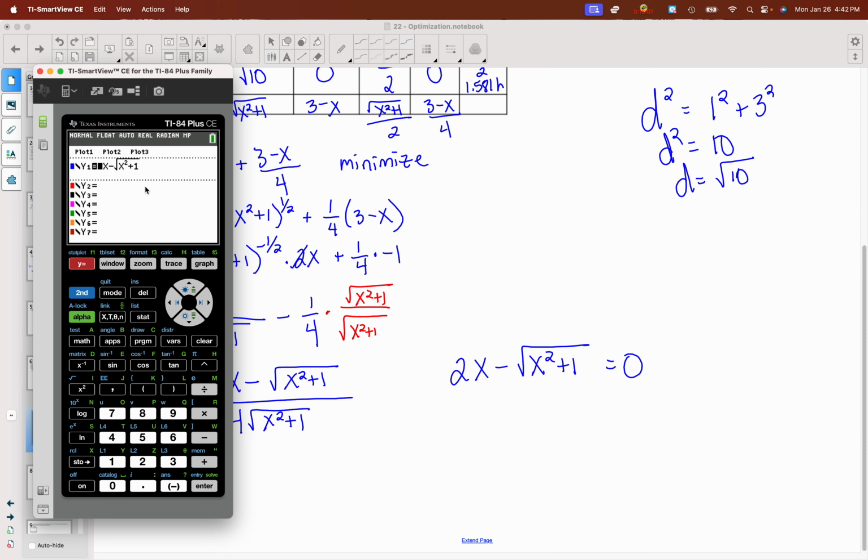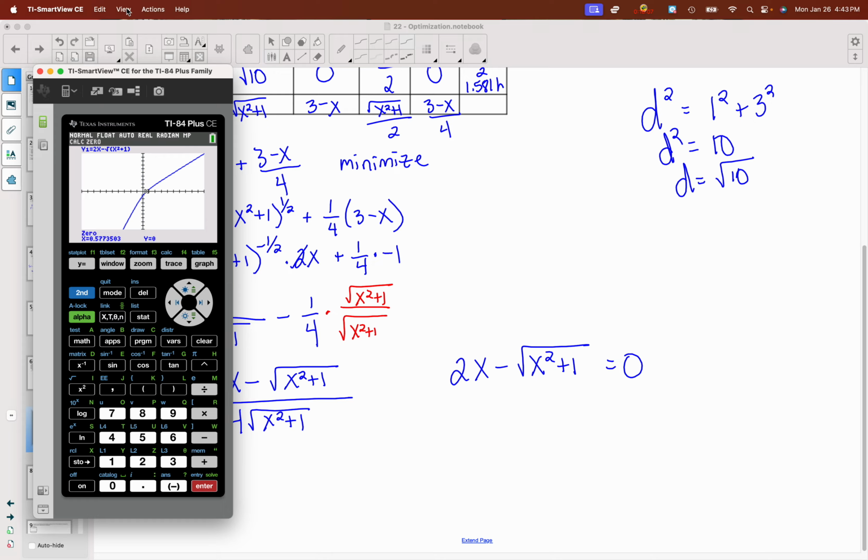Okay, so I typed in my function and I'm going to graph it. And we're looking for the 0. So second calc 0. Oh, that works for a left bound. Move along here for a right bound. And back here for my guess.